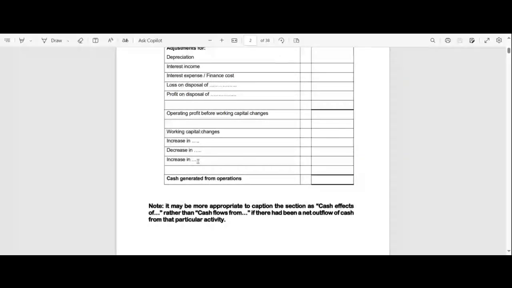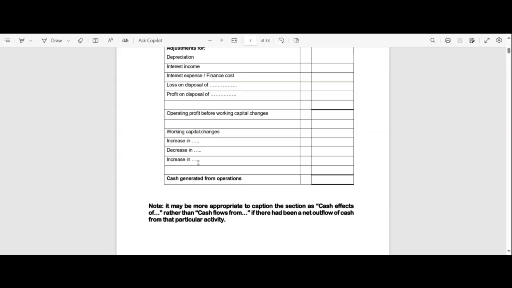And then the one current liability being our trade and other payables. Increase or decrease in trade or other payables. I know some companies, again, can split that into two: increase in trade payables and then increase in other payables, and so on.